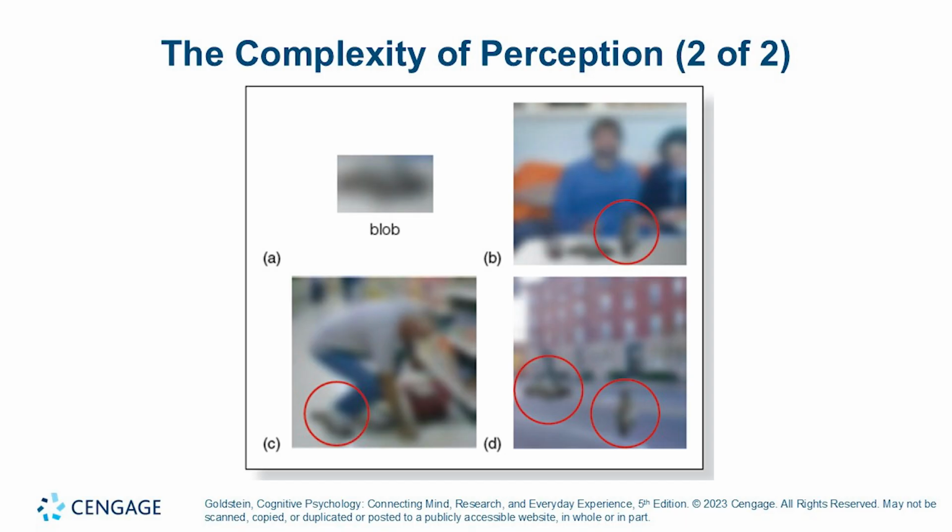And in D, you would probably think that it's perhaps a person standing on the street, or in the case of an identical blob that's placed on the left side of that same image, you might think that it's a car. And so this is an example of the brain really constructing our perception of the exact same stimuli very differently depending on our knowledge of the different contexts in which we might actually perceive it.